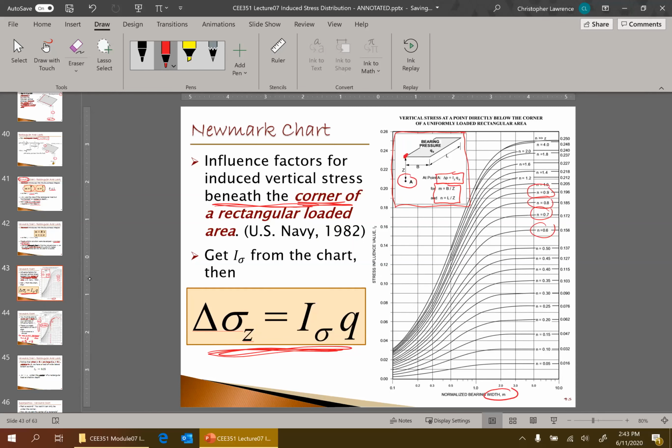Let's say that this time M equals 1.5. Remember, N is always bigger than M. You know what? Not 1.5. Well, look carefully. It's a log scale for M on the horizontal x-axis.